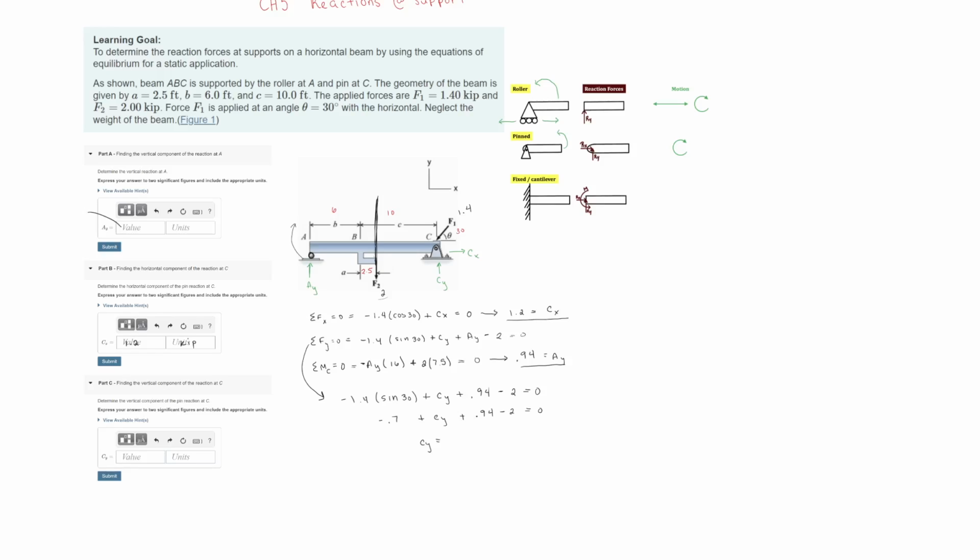If you do the algebra, you're going to be left with 1.76, which is 1.8. They're both going to come out negative, and you divide both sides by negative 1, so it's going to be 1.8. Okay, so that's your Cy.